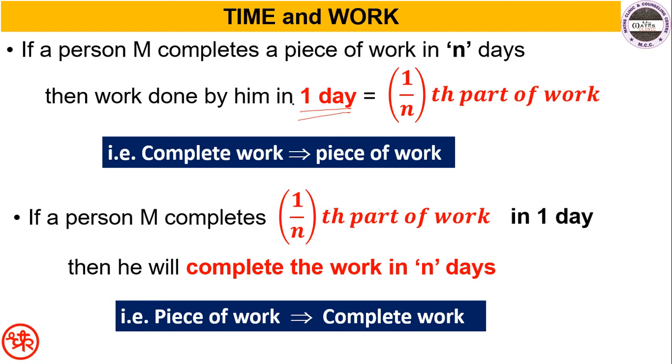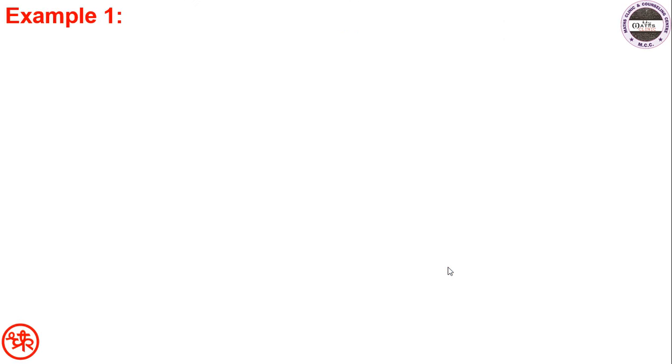This is what in 1 day, and in 1 day it is 1 by nth part of the work, because before he did the work in n days, right? And here is what the work did in 1 day. Okay, 1 by nth part. Okay, and so the complete work will be completed in n days. Understand?